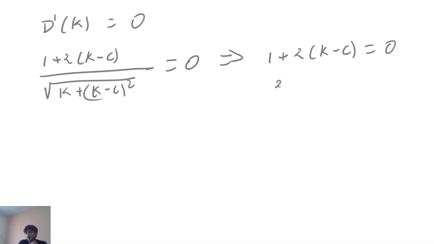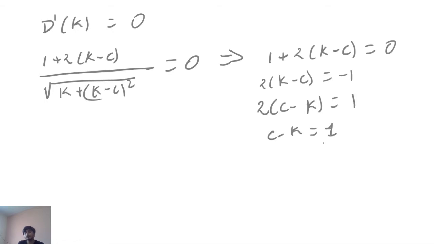So what you can write is 2 into (k minus c) is equal to minus 1, or 2 into (c minus k) is equal to 1. So c minus k is equal to 1 by 2, right?